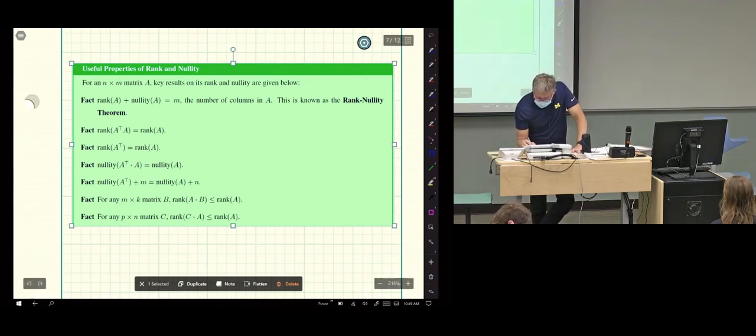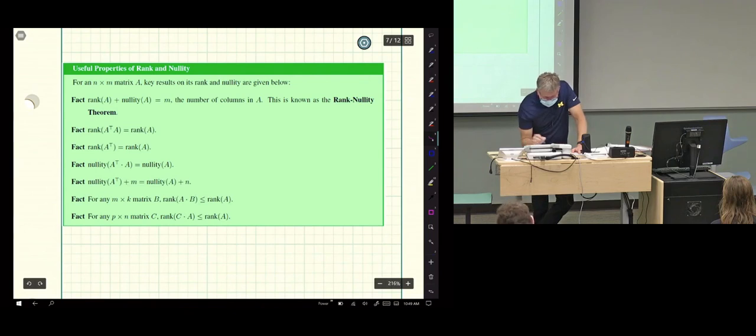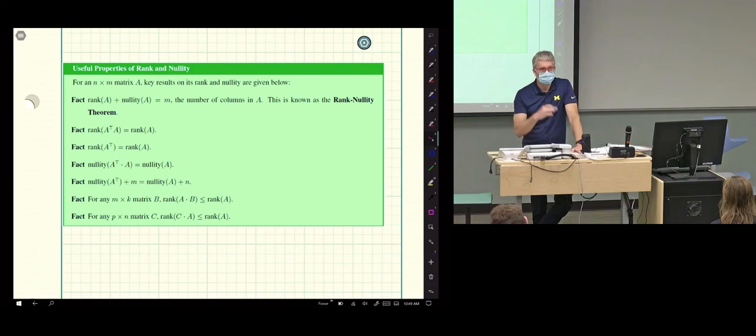When you get to the homework on this chapter, I'm going to have you, for several matrices, calculate the number of linearly independent vectors in the columns of A, and the number of linearly independent vectors that A wipes out, the null space.